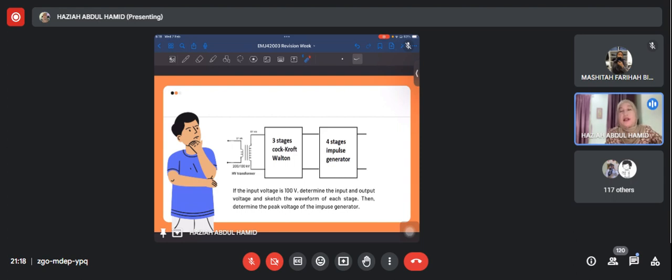Tapi kalau kamu compare dengan yang saya bagi dalam WhatsApp group tadi, ada sikit slide different. If I'm not mistaken, yang dalam WhatsApp tadi ini 240, dalam slide saya ni 200.